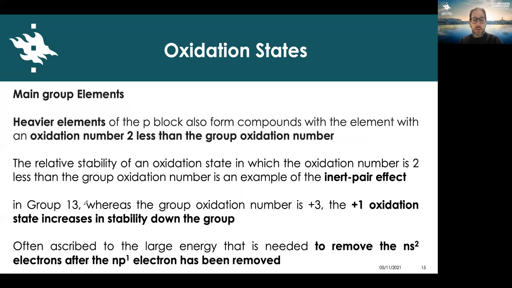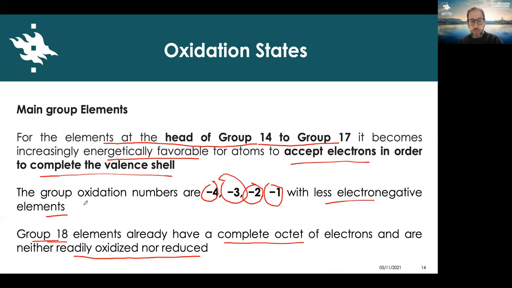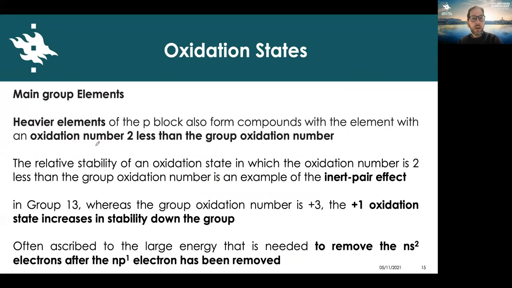Okay, so these trends that I mentioned for groups 14 to 17 were for the elements at the top of the group. But when we go to the heavier elements, or elements down the group in the p block, there is an interesting behavior that arises. The heavier elements of the p block can also form compounds in which the element has an oxidation number which is 2 less than the group oxidation number.